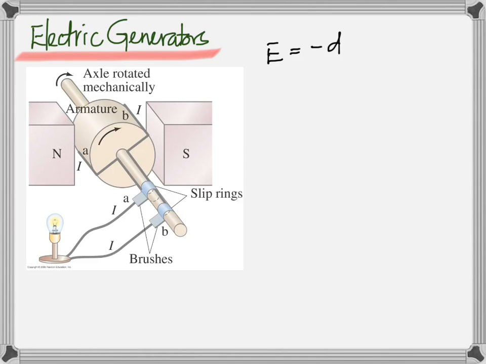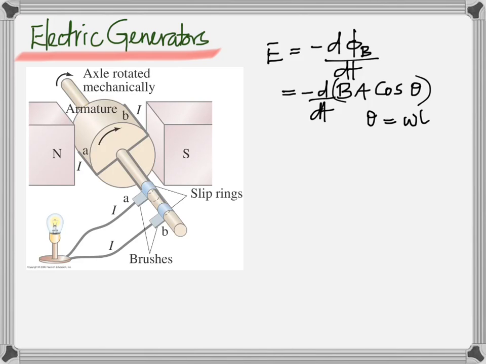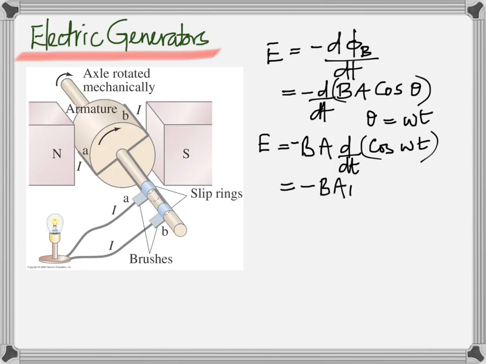Now, in a generator, you have an axle, an armature that is rotating, and again by using Faraday's law, you get E is minus d phi B by dt, but the flux is, remember, B dot A, which is BA cos theta, and theta is omega times t, where omega is the angular speed at which you rotate the armature. Substituting all that, you get BA taken out because it's a constant.